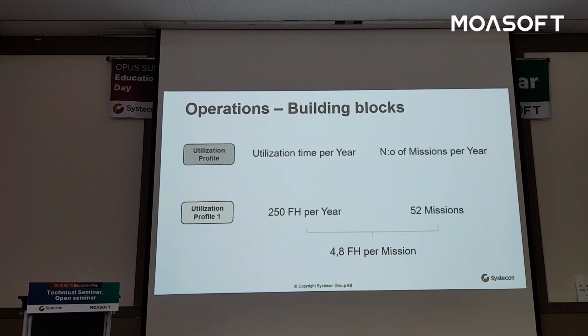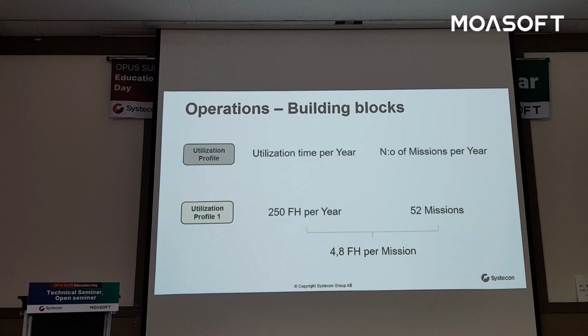Okay, and the next step is to define the actual operation. So how much are we going to fly with this helicopter, whatever type of system we're modeling. And we do this with what's called a utilization. Utilization means how often we utilize, how much we are running or flying the system, and a profile. We can give this per year, and we can also split it up in number of missions per year. So, a very simple example here.